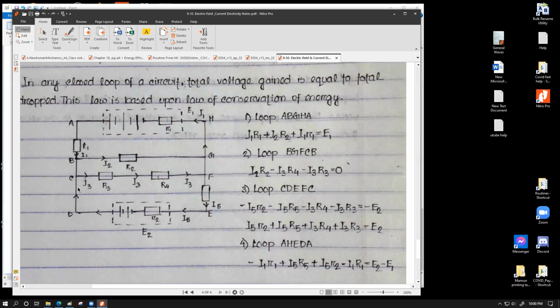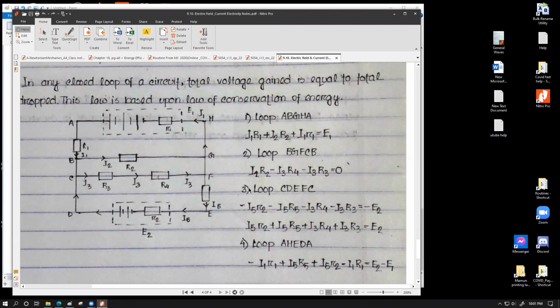If your calculated value of the current is a positive number, it means your assumed direction was the correct direction. If the calculated value of the current out of your equation set happens to become negative, if any branch current turns out to be negative, this would mean that the actual direction is opposite of what you considered, but the magnitude will remain the same.